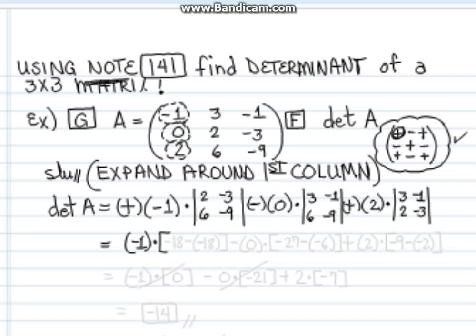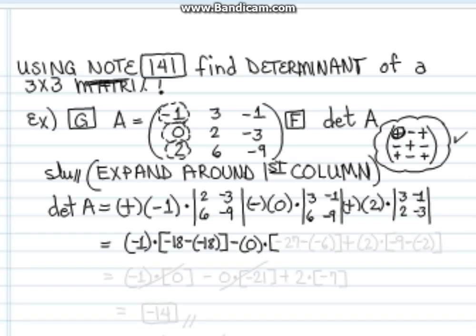So we're going 2 times -9 is -18 minus cross product. 6 times -3 is -18. So we're taking the determinant of the little mini determinant, the little mini cofactor. It's cross product minus cross product. Then comes minus 0 times bracket cross product minus cross product.